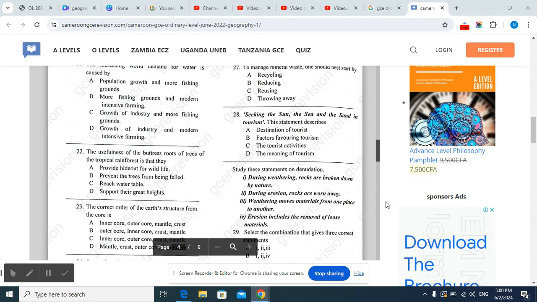The usefulness of the buttress roots of trees of the tropical rainforest is that, the answer is D. Number 23.